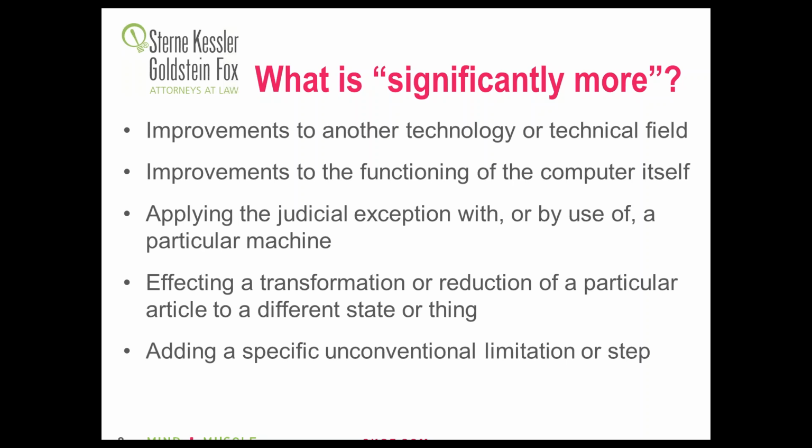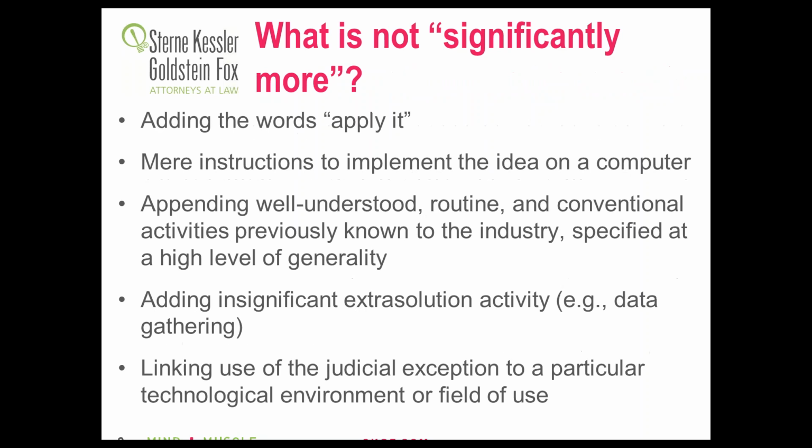And so the guidelines kind of use that treatment to say, okay, well, if you use a specific unconventional limitation or step in your claim, then that should receive positive treatment under the Supreme Court guidance. Although it will be interesting to see how that plays out. For instance, in the Ultramercial decision, there were some steps that the court agreed were unconventional, but they still found the claims unpatentable. So, you know, again, these are guidance, not guarantees. Correct.